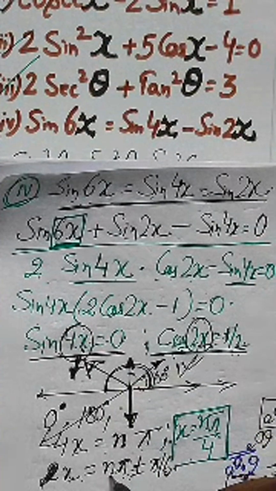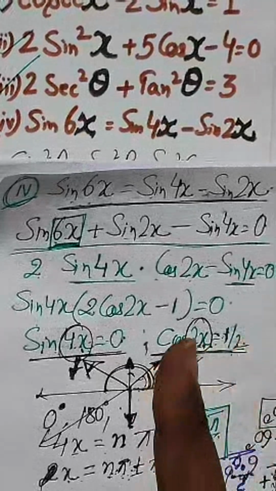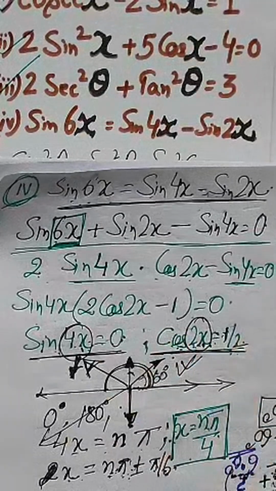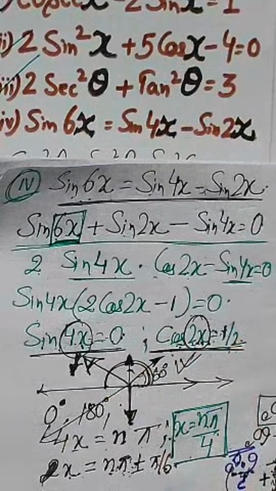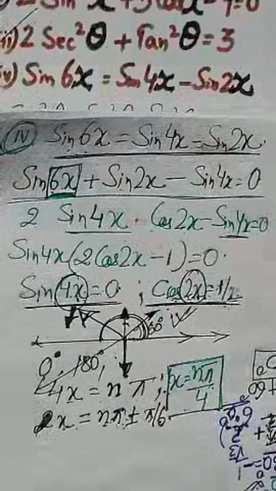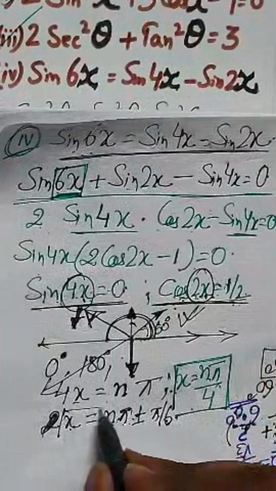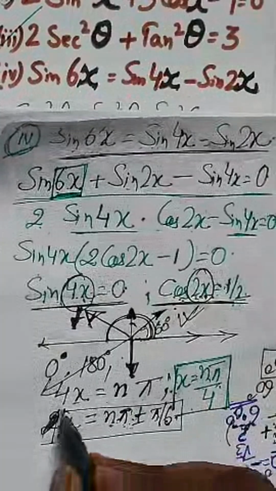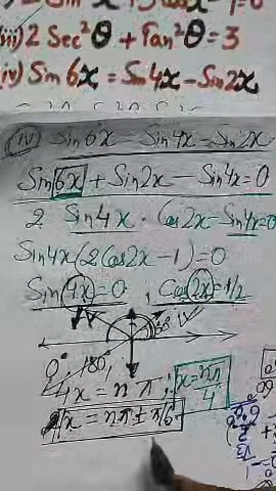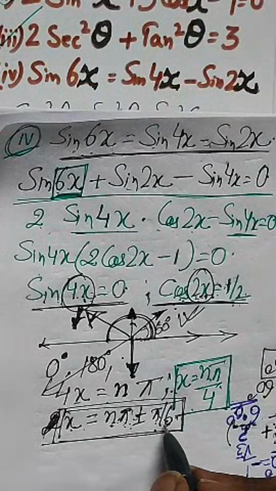Sorry, x equal to n pi plus minus pi by 6 will be satisfying it. Just take one of the values. This is from 11th standard, the intermediate level, that we are considering. So let me conclude this part: x equal to n pi plus minus pi by 6 will be satisfying this. How? That we need to understand. This is still left over.